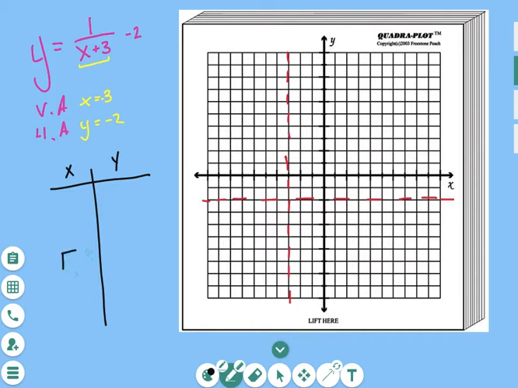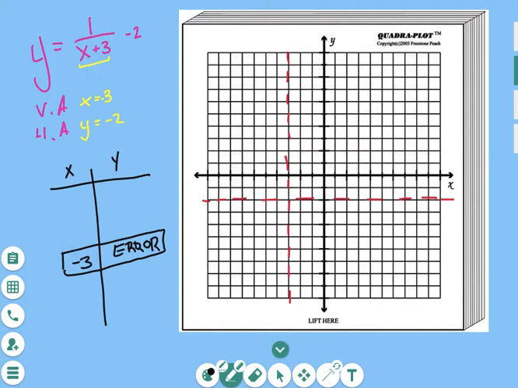On my table, in the middle, I like to put my vertical asymptote, so -3, and I know that's going to be an error. There's not going to be a point on that line, because if I were to plug in -3, it would be 1 over 0, which we can't do.